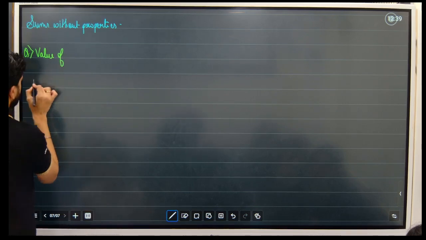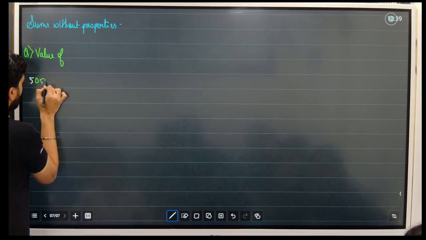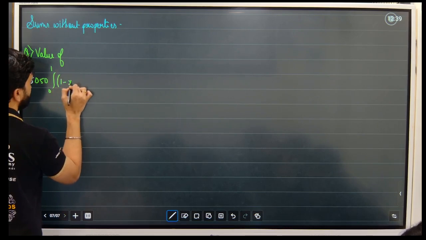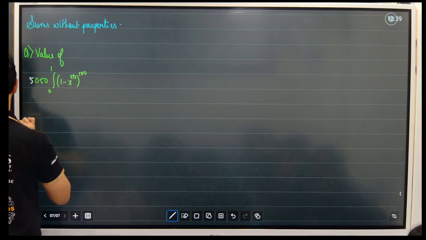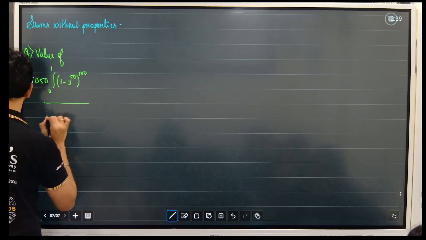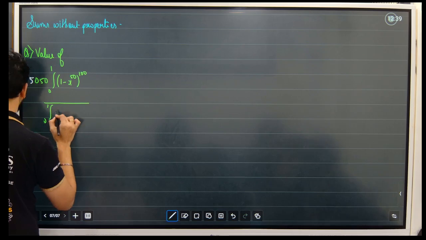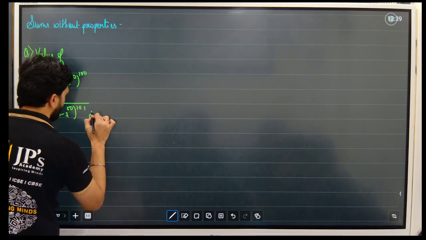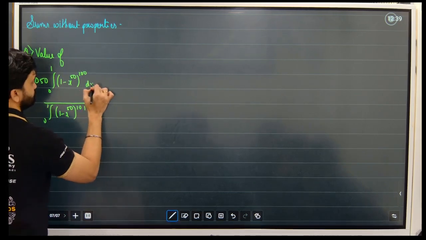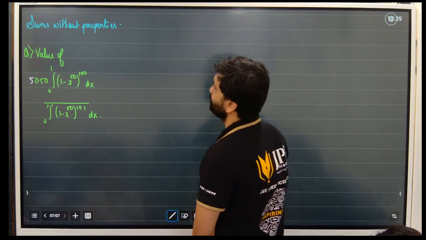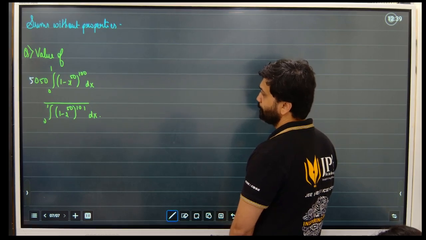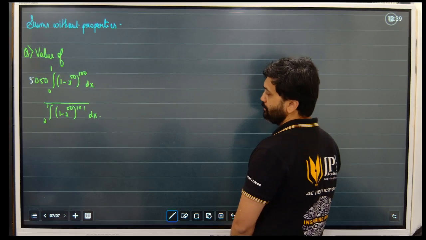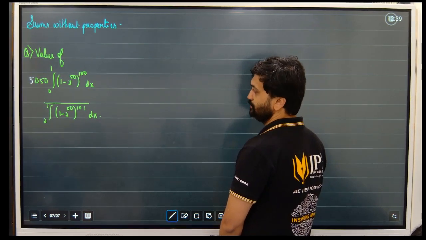Value of 5050 integration 0 to 1 of (1 minus x raised to 50) the whole raised to 100 dx upon integration 0 to 1 of (1 minus x raised to 50) raised to 101 dx.